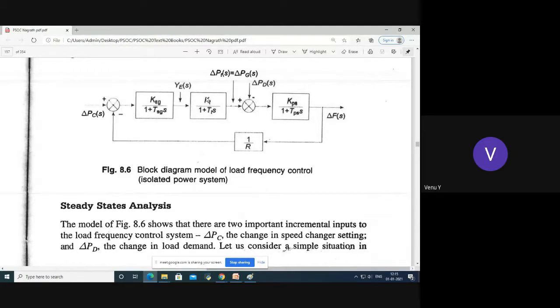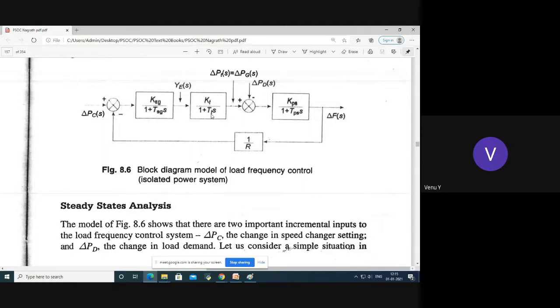Steam turbine first order model, simplest model of the turbine is KT over 1 plus s TT. KT is the gain of the turbine and TT is the time constant of the turbine or time lag of the turbine.